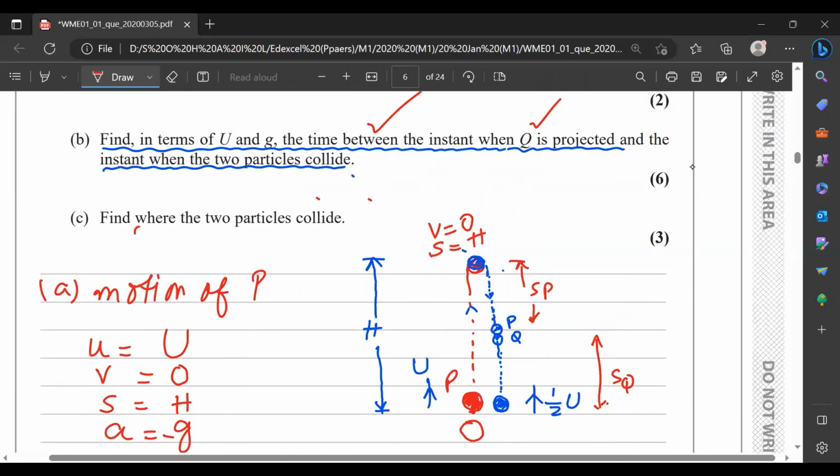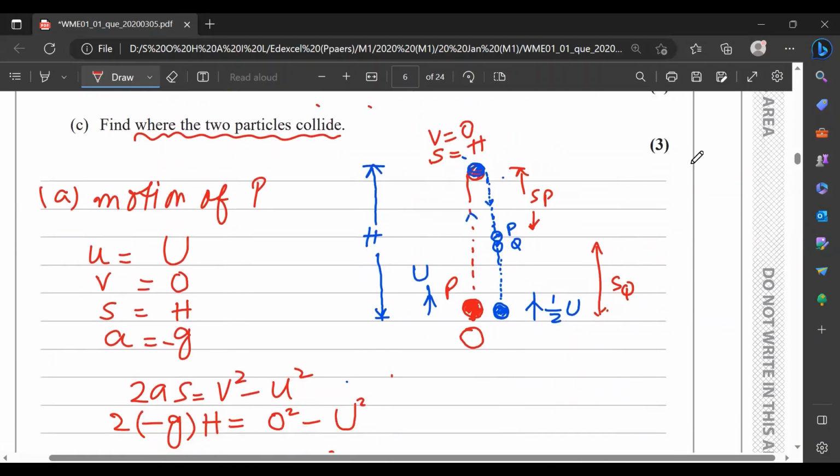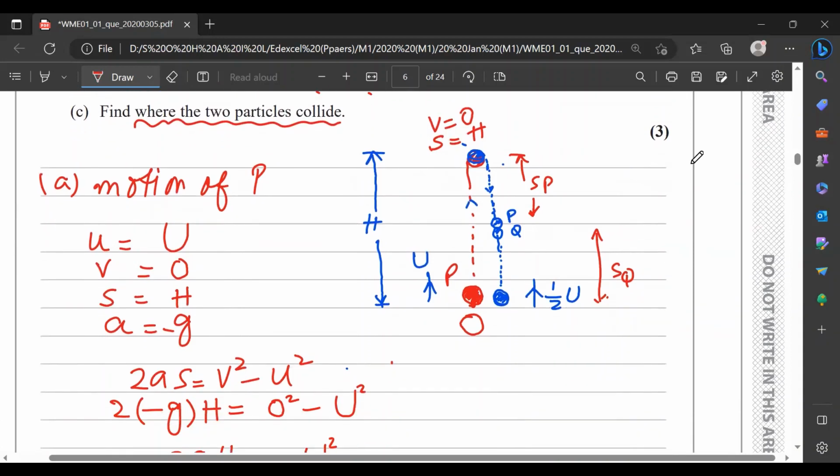And the last part is to find where the two particles collide, meaning the height where they collide. So we need to find that height. For the height, you can use either SP or SQ, any one. Keep in mind that H we have calculated was equal to U square over 2G. We used this in the second part. P is now coming down and Q is moving up.